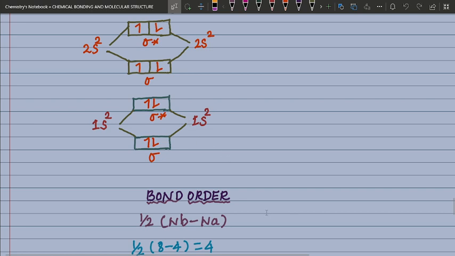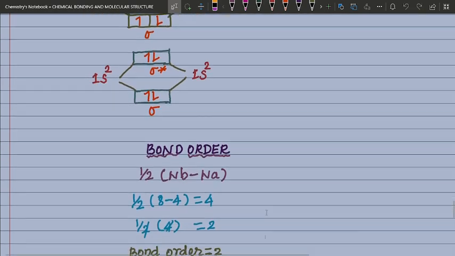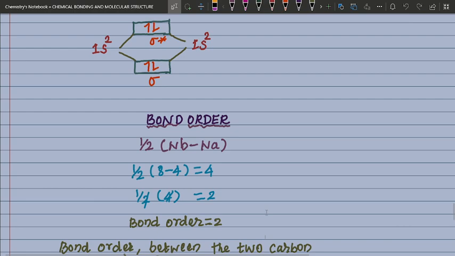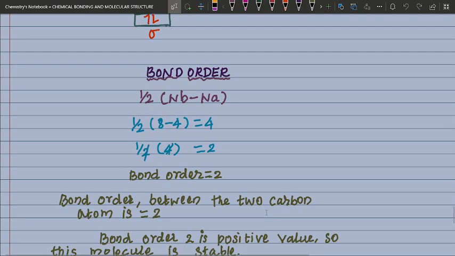See the bond order. The bond order formula is (Nb minus Na) by 2. So see, 8 minus 4 equals 4. So 4 is the valence electrons for carbon. So 4 divided by 2, if we cancel out, we get 2.